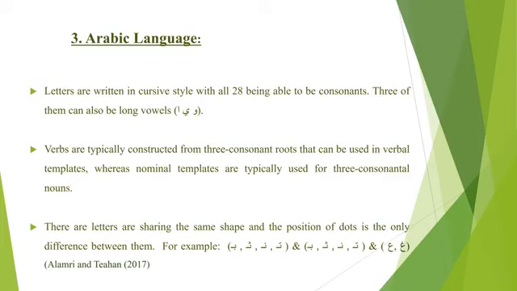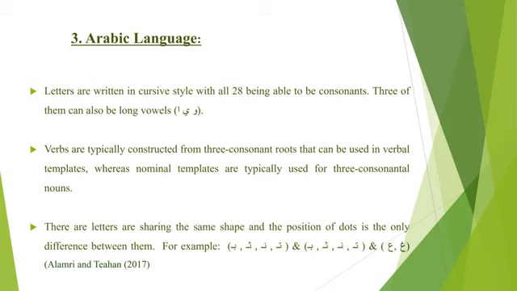Arabic letters are written in cursive style, with all 28 being able to be consonants. Meanwhile, 3 of them can also be long vowels, as you can see here in the 3 letters. Words are typically constructed from 3 consonant roots that can be used in verbal templates, whereas nominal templates are typically used for three consonantal nouns.